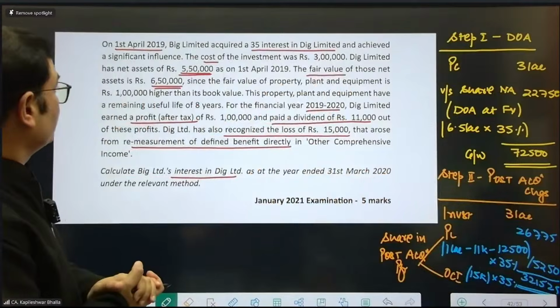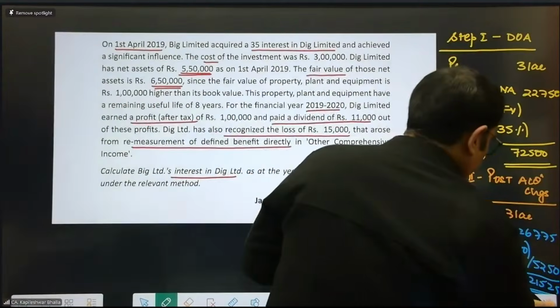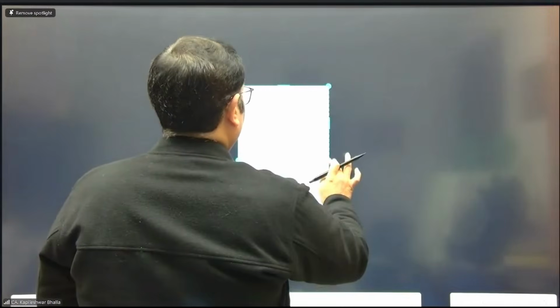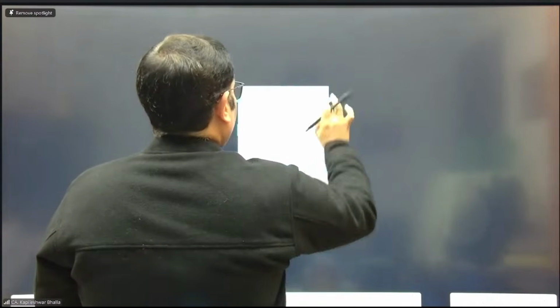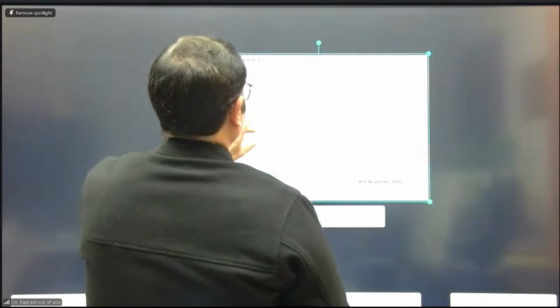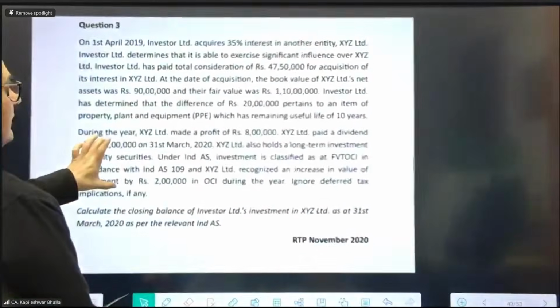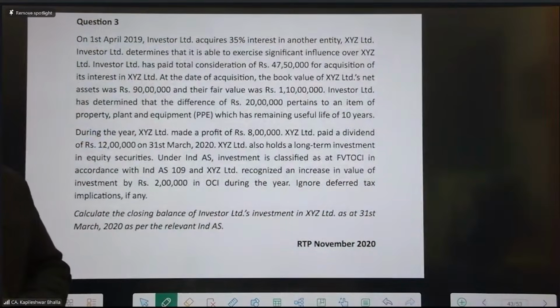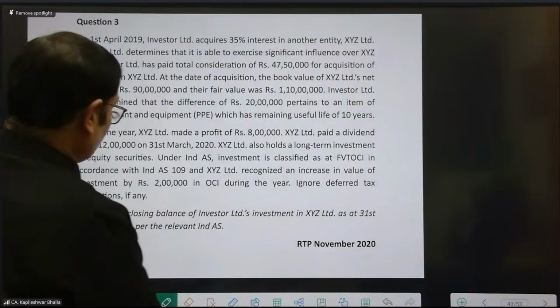Okay, let's do another question with you before we complicate this further. Let's consider one of the questions which came in RTP in November 2020. So let's take another question that is in the RTP in November 2020. Let's read.